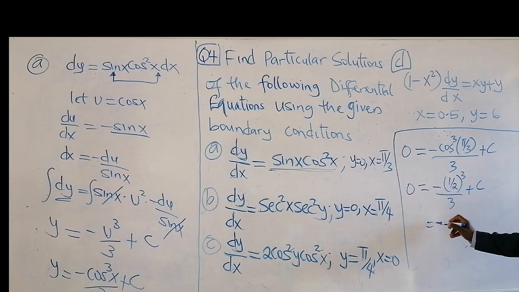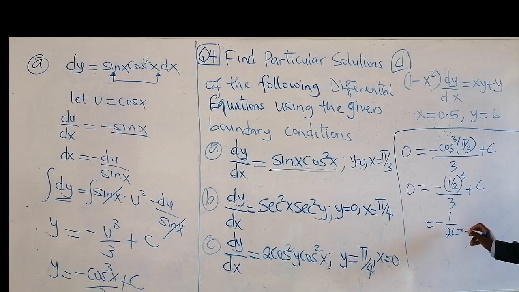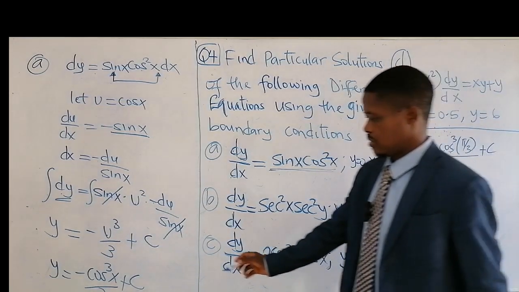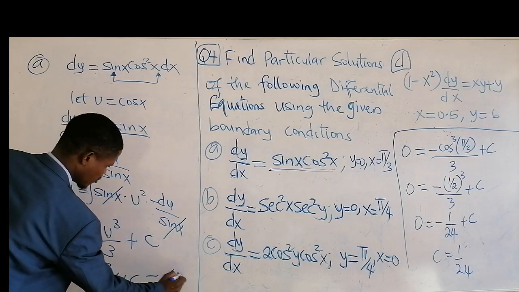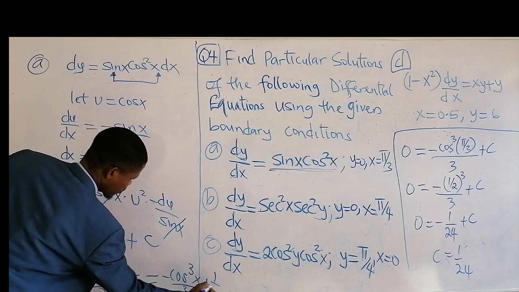So that will give me minus 1 over 8 divided by 3, that's minus 1 over 24 plus c. So c is 1 over 24. So you just come back here and substitute your value: y equals minus cos cube x over 3 plus 1 over 24.